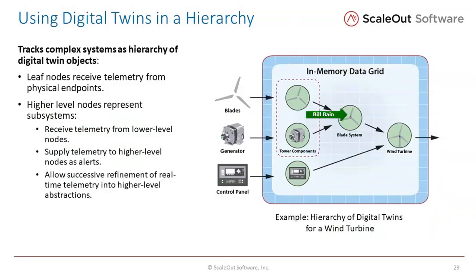And then this one looking at the wind turbine as a whole and looking at not only the tower components that are rotating, but the control system, and looking at alerts and combining them with intelligence at a higher level, much as our nervous system does as it moves to higher levels in the nervous system, in order to process this data in a modular way with a separation of concerns from managing the physical devices to managing the various subsystems and the entire system as a whole. So hierarchy is another benefit.